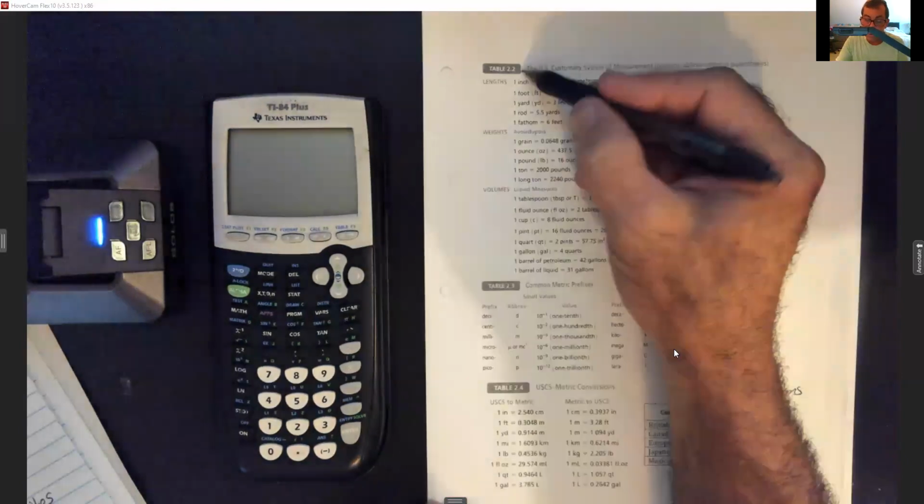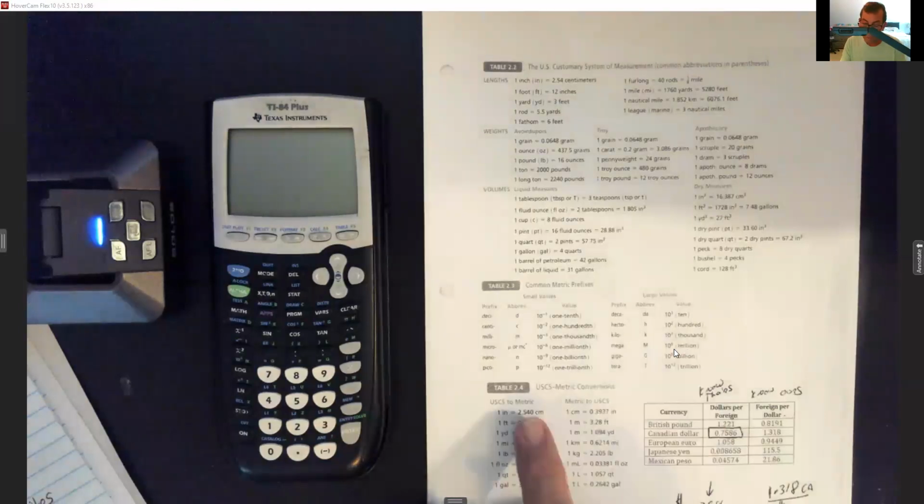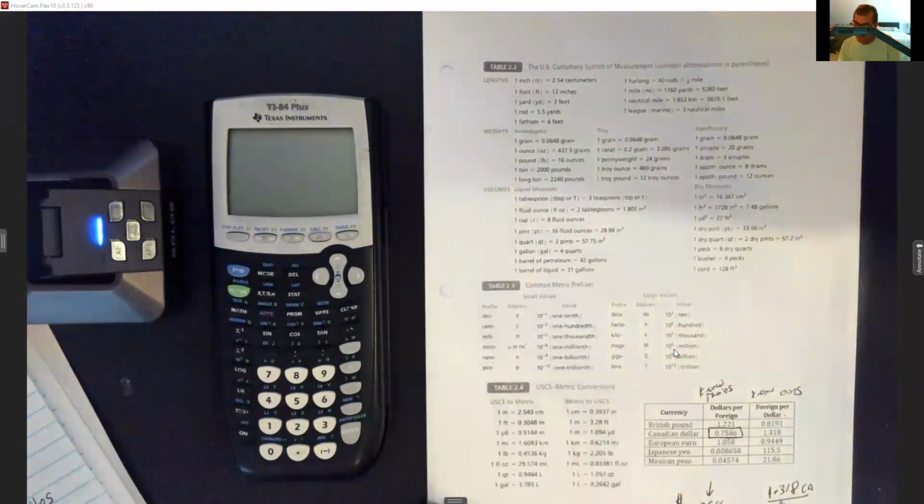Table 2.2 is just giving you unit conversions. Table 2.3 is giving you metric system prefixes. And then my table 2.4 just has some US conversions going into the metric system, okay? And then over here is a currency table they gave us for the British pound, Canadian dollar, European euro, Japanese yen, and the Mexican peso.